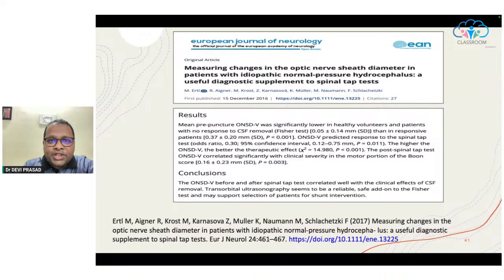And this came in the European Journal of Neurology by Earlt et al., in which they measured changes in the ONSD in patients with idiopathic normal pressure hydrocephalus, with mean pre-puncture and post-puncture ONSD values.